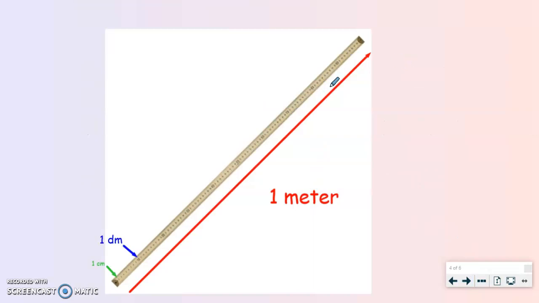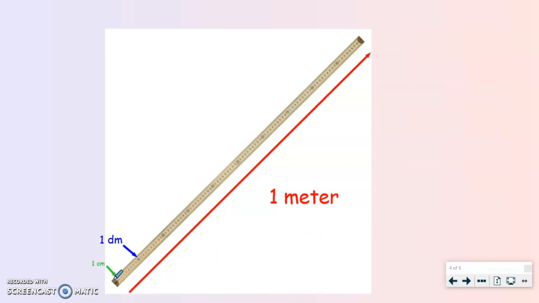Now, it was super hard to find a picture of an entire meter stick, and they're all kind of broken up on the internet. But I found one. So this is 1 meter. It's kind of hard to see, but this little tiny number here is a 1. That 1 is 1 centimeter, not 1 millimeter. So now you realize what I meant when I said we were taking a real close look before.